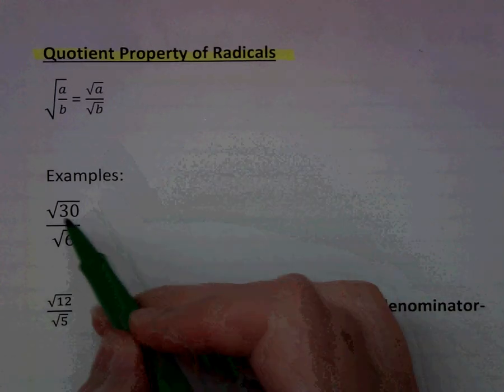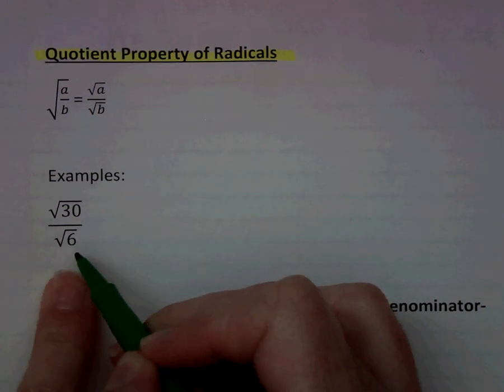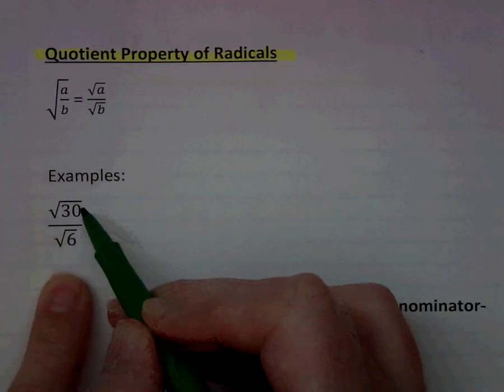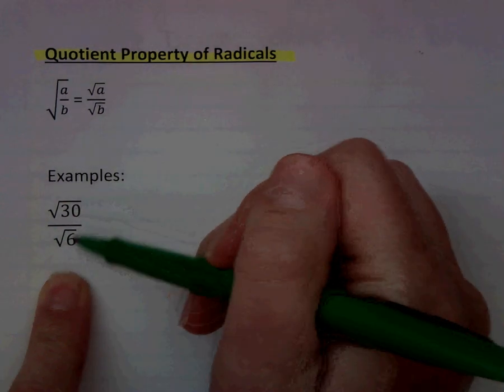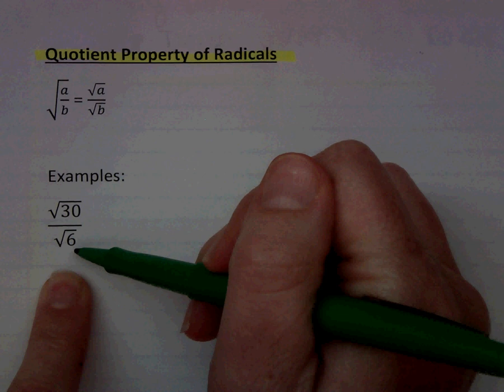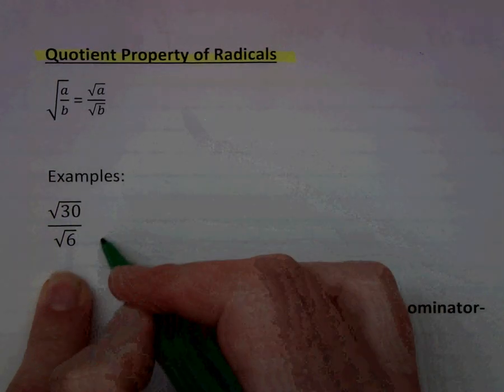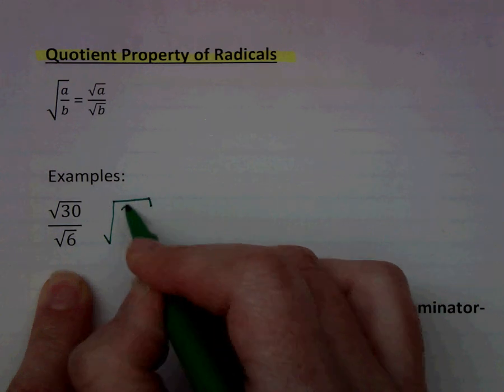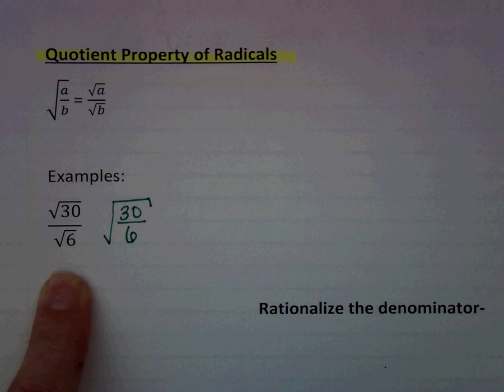Okay, so here we have the square root of 30 divided by the square root of 6. What I want us to do here is simplify this first. I want us to actually do some dividing. Both of these are radicands, and our quotient property is saying that we can go ahead and divide these. It might make more sense to put them underneath the same radical sign, but we can actually divide those.